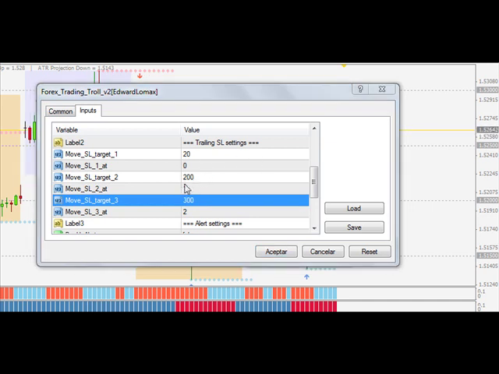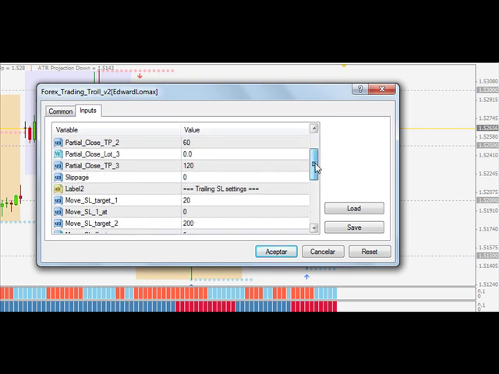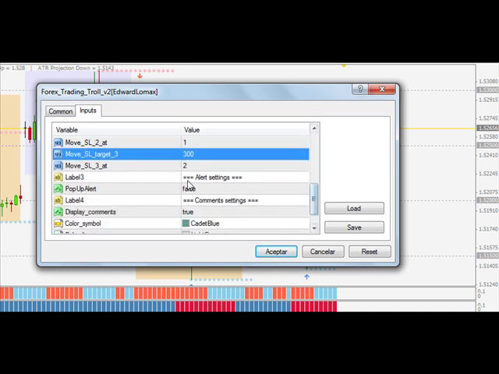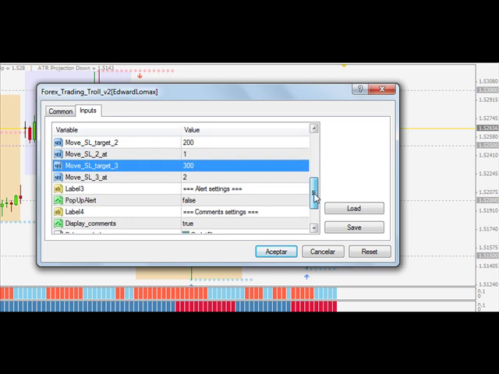Now again, you want to have higher values than the previous one, but you'll be out of the trade by the time it hits 200. You set your final target at 60, so you'd be out of the trade. So just keep in mind, then the rest of the settings, you can have it alert you, and you can change the colors of your on-screen display.